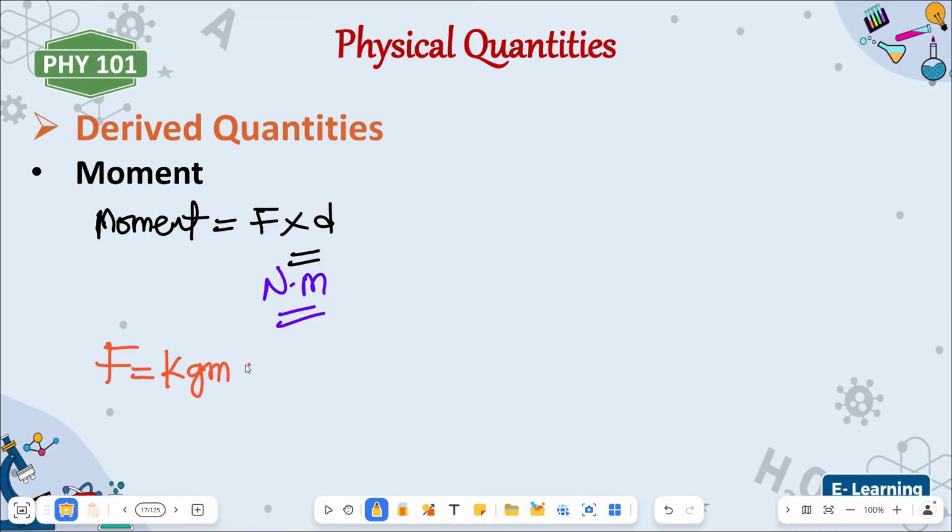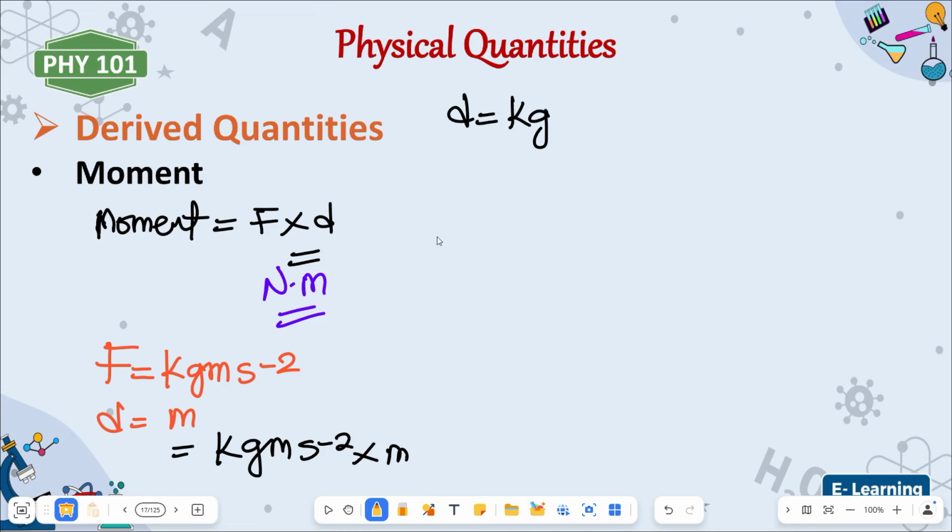Kilogram meter per second square. Distance is a meter. So when you multiply both of them together, what are you going to have? This will give us kilogram meter per second squared times meter. When this multiply each other, this will give us kilogram meter times meter will give us what? Meter square per second square.